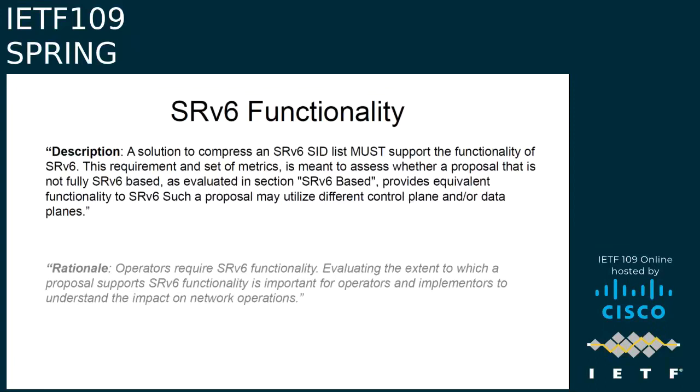Such a proposal may utilize different control plane or data planes. So I think there are some concerns on these items. We call for more comments on that. Next page.